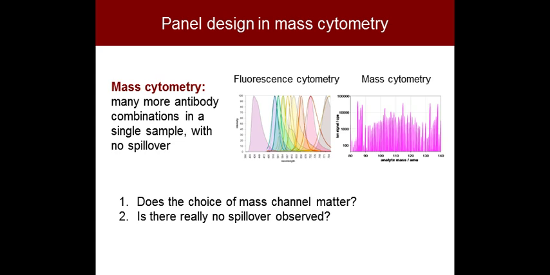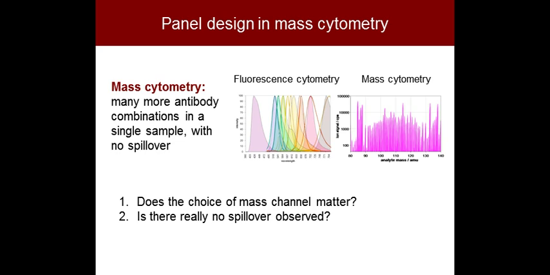So you're looking at individual cells, but they're stained with antibodies that have heavy metal ion tags on them rather than fluorescent tags. And so therefore you read them out on the mass spec, and this allows you to use many more antibodies in combination with essentially no spillover.